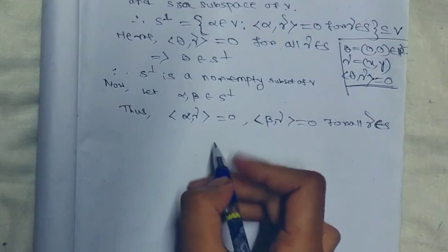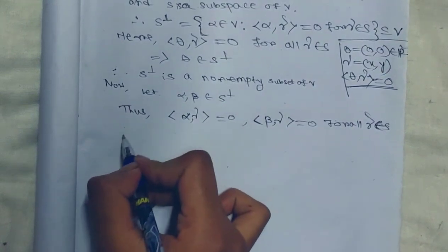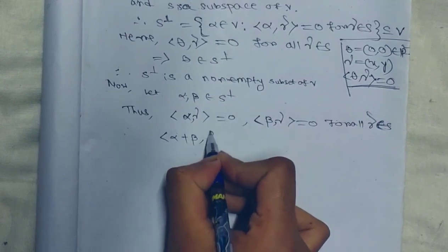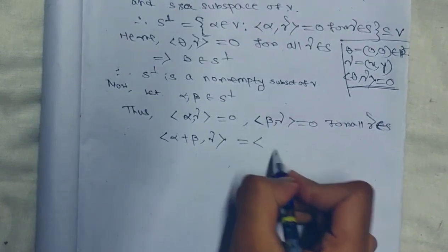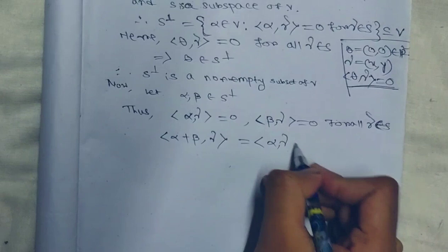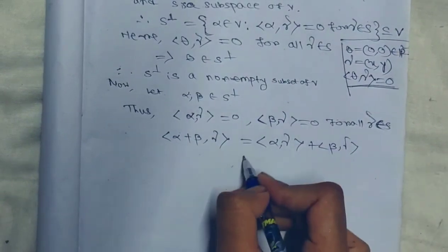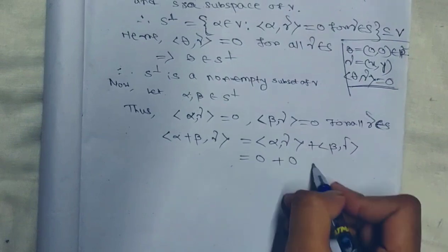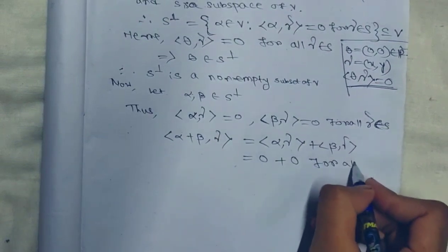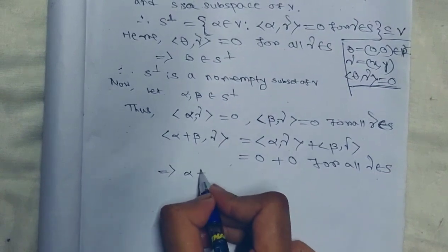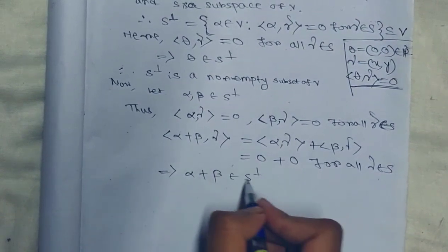That is, inner product of alpha plus beta, gamma equals inner product of alpha, gamma plus inner product of beta, gamma equals 0 plus 0 for all gamma belongs to S. That implies alpha plus beta belongs to S bar.